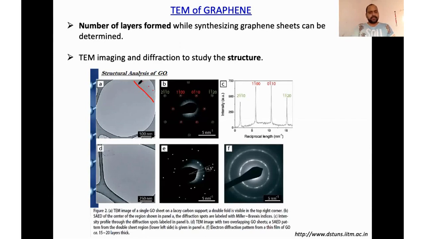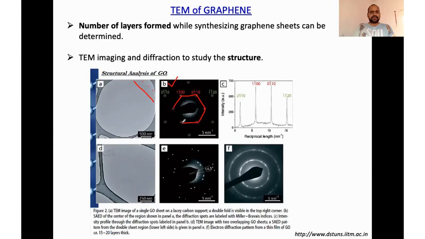Now the selected area electron diffraction pattern is recorded, and you can see in figure B the electron diffraction pattern, and we are able to get 6 very clear-cut spots. See, 1, 2, 3, 4, 5, and 6. And if you draw a line across them, they form a perfect hexagon.